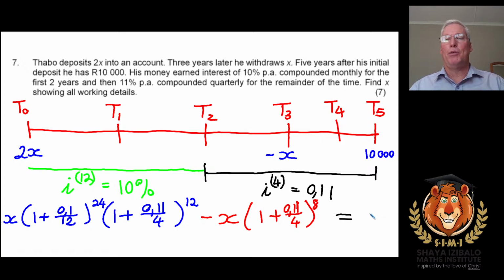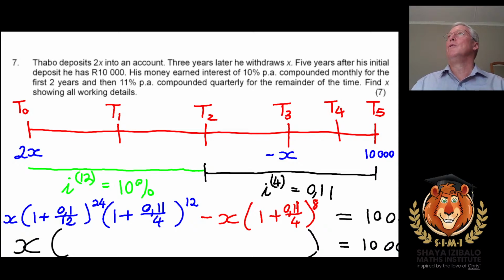And the difference between the two approaches, if you look at the memo, I've done it both ways on the memo, is that the x's here are easily isolated. It's easy to factor out an x, get everything else inside, and then solve for x.